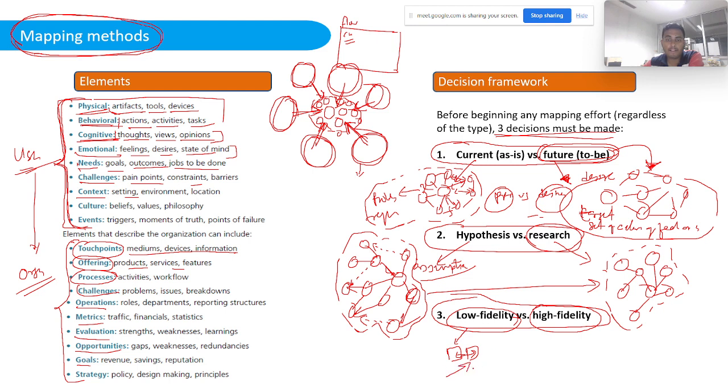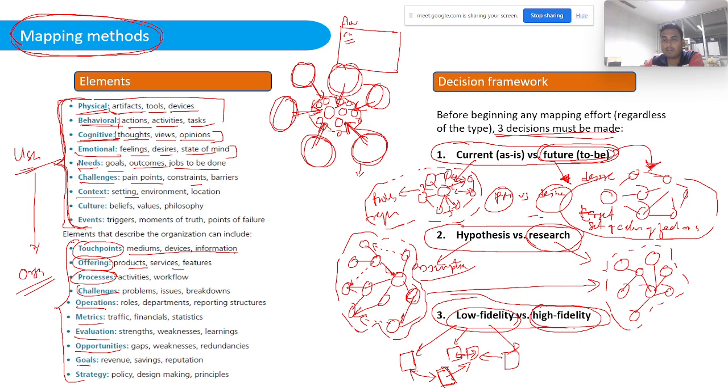These are quick to create, and you can use a large portion of the user group to make decisions on specific mapping and specific connections.